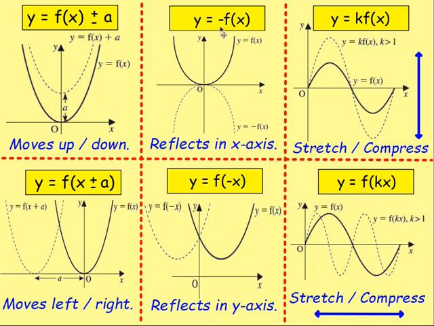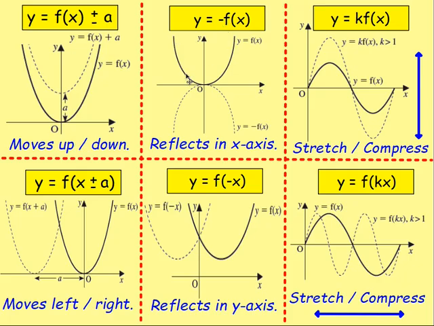You also get the negative thrown in, so you can have negative f of x or f of negative x. The way I always think about it is if the negative comes first, so if it doesn't come after, if you think about x and y, x is first. So that is going to flip the graph in your x-axis.